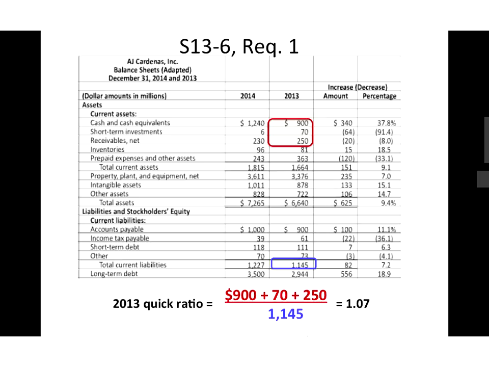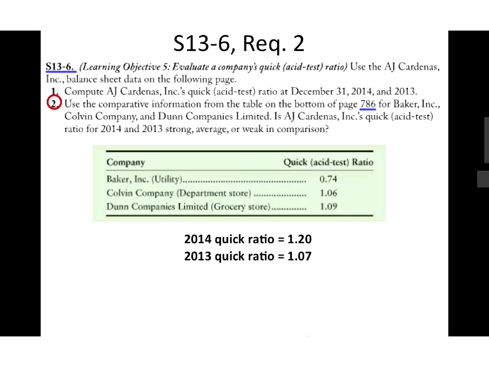Okay, so we've done 2014 quick ratio and 2013. I'm going back to the original page now. So our 2014 quick ratio is 1.2. Our 2013 was 1.07. So when we're asked if it's improving or deteriorating, the company itself went from 1.07 in 2013 to 1.20 in 2014. Okay, that is improving.